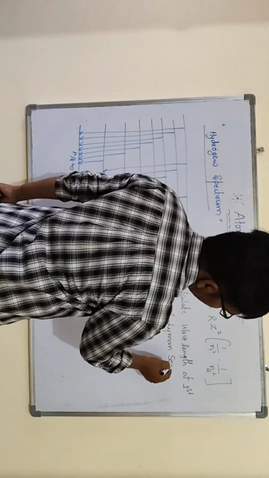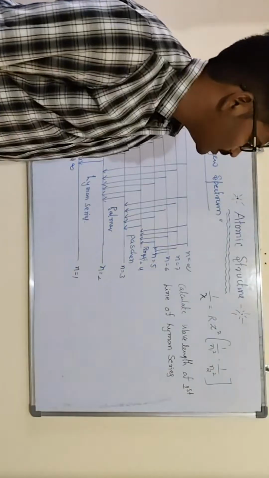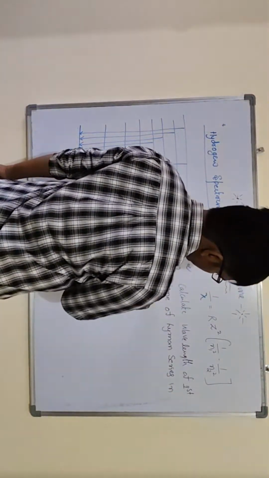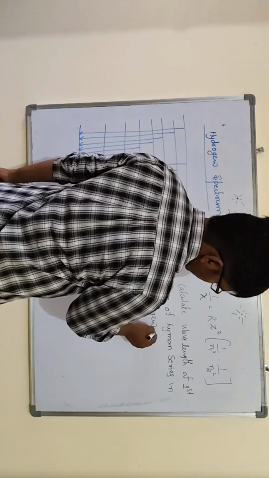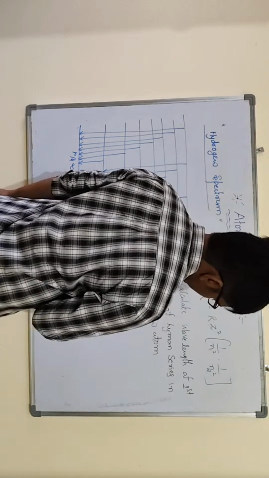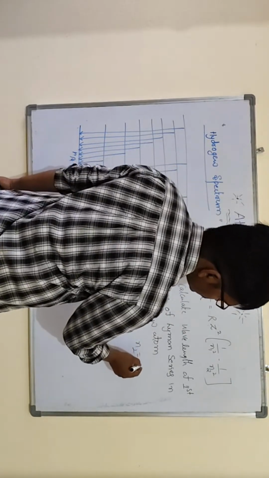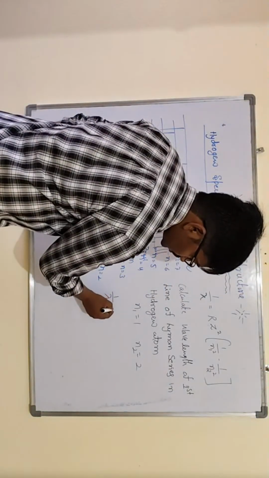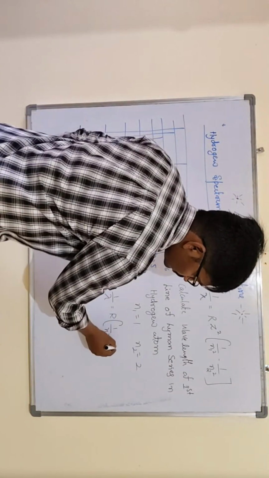Here n1 value is 1, n2 value is 2. 1 by lambda equals R into 1 by n1 square minus 1 by n2 square.